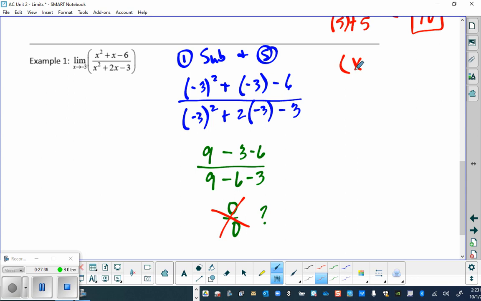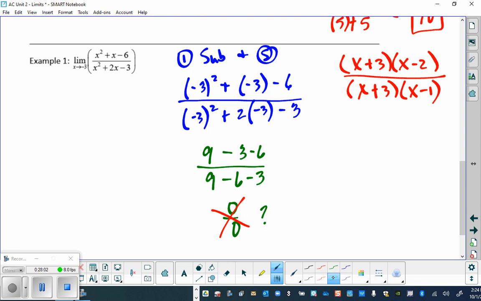So here I have x +3 and x minus 2 over x +3 and x minus 1. Okay, here's a secret. When we give you things like this and these examples, they're designed to work out. So if you're having a hard time factoring, go ahead and choose from these numbers up above to see if you can find the one that's going to make this work out for you.